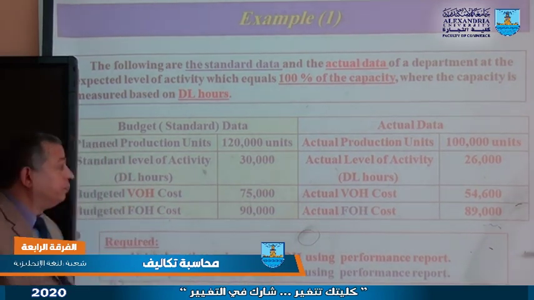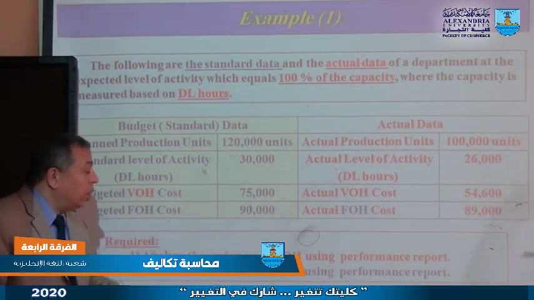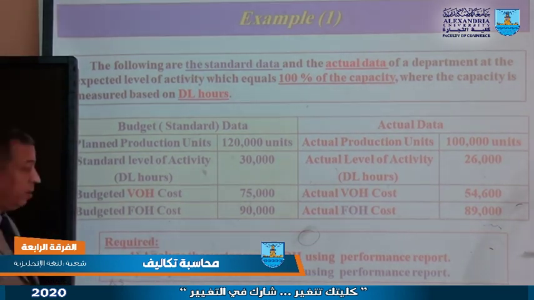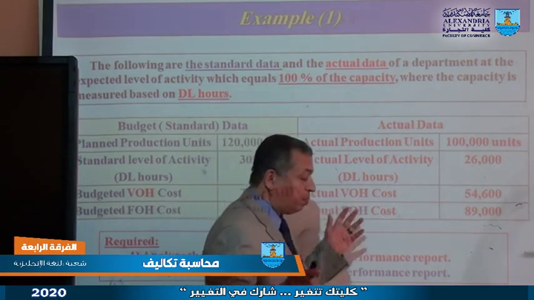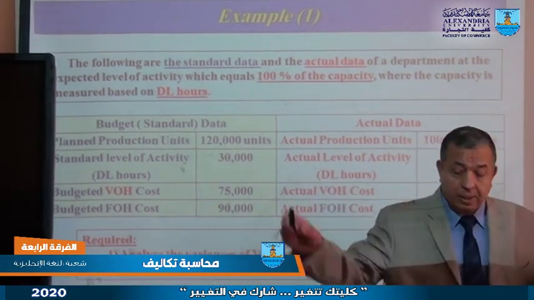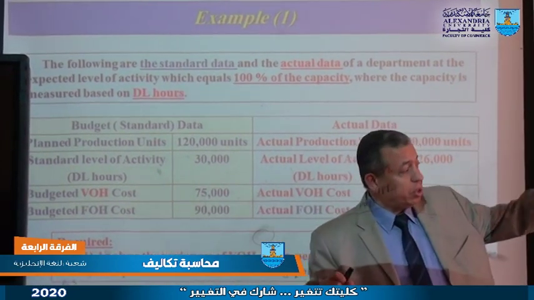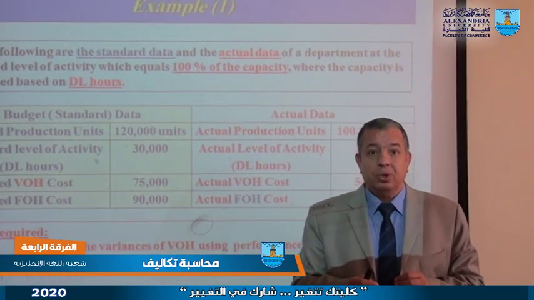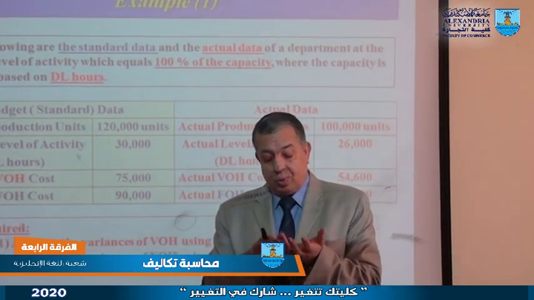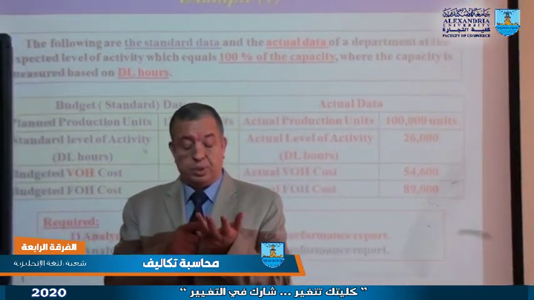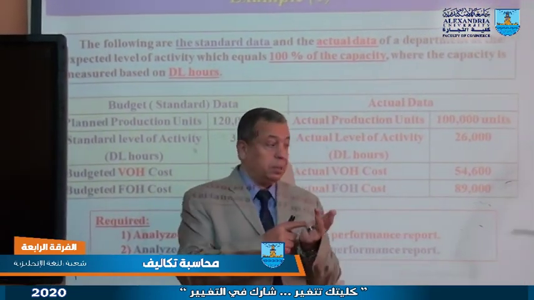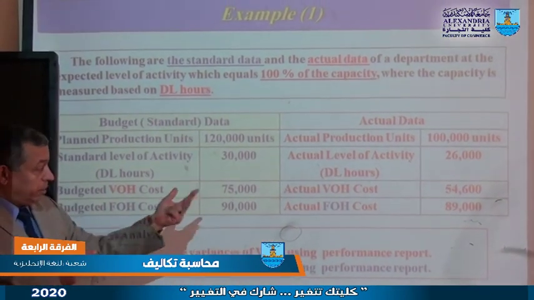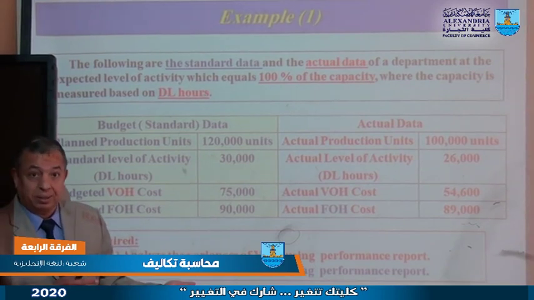I will begin with variable overhead. Do you remember? I know how to prepare a performance report. I need actual cost, standard cost, and in the middle I need actual hours, actual rate, again actual hours, standard rate, standard hours, standard rate.